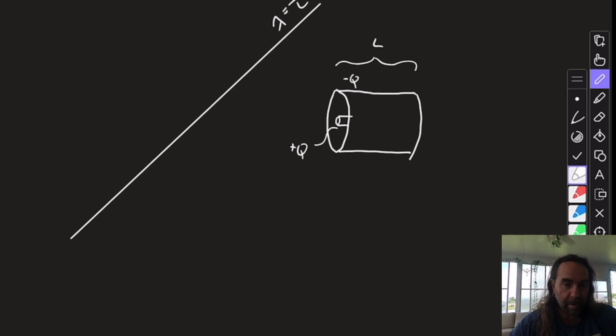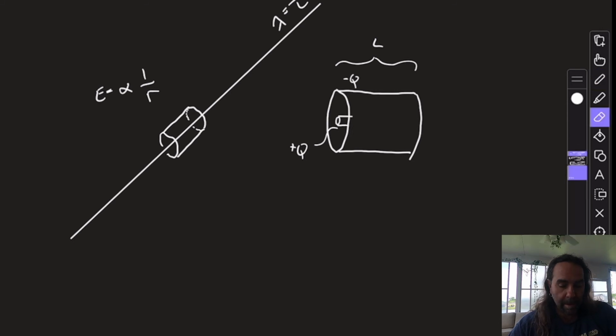You will need to determine what the electric field is around an infinite length of charge. Gauss's law will help you with that. I would use a Gauss's law shape that is a cylinder again. Now remember, when you work this one out, you get an inverse relationship, meaning the electric field is proportional to 1 over r.